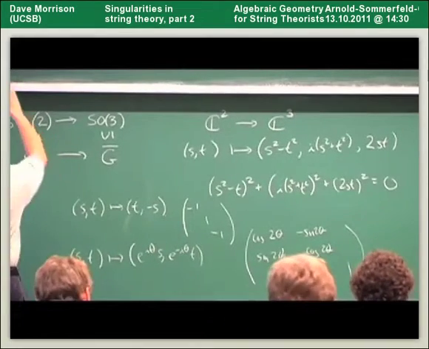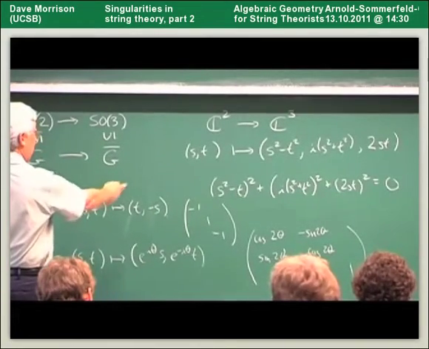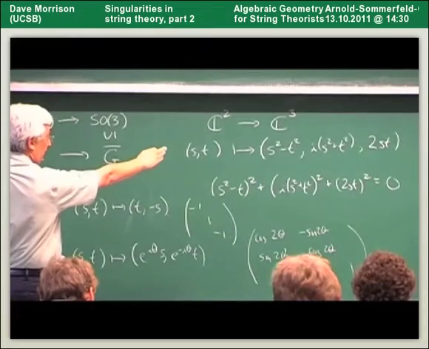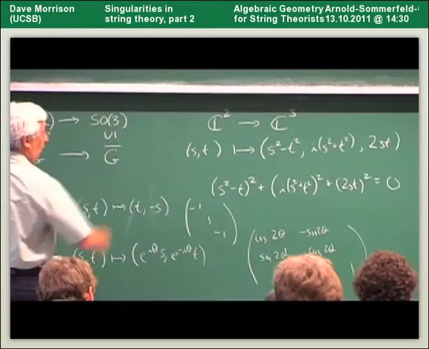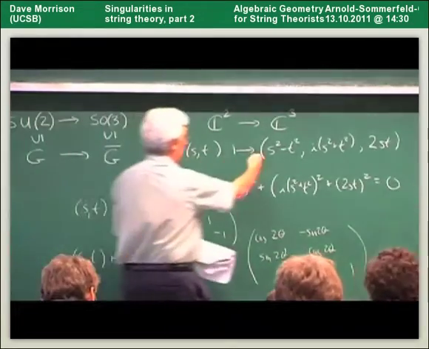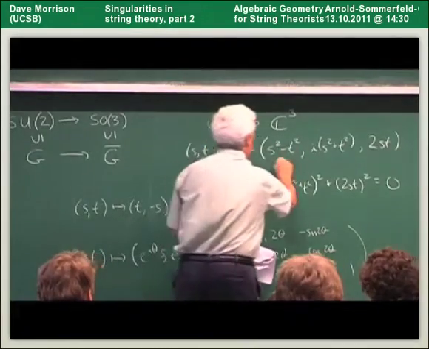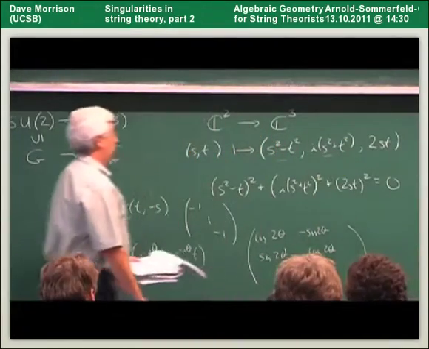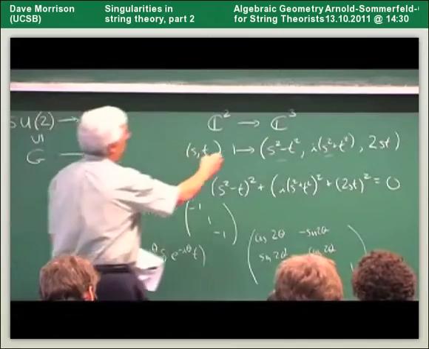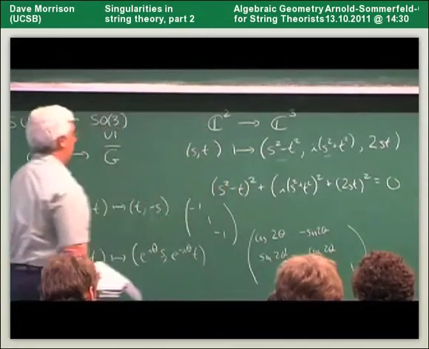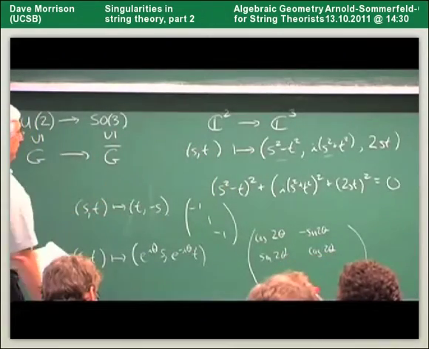And then the permutations of s and t induce some map that's obviously computable in terms of these three-dimensional coordinates. So if I permute these three quantities cyclically, I could write down a matrix for you that induces that permutation.